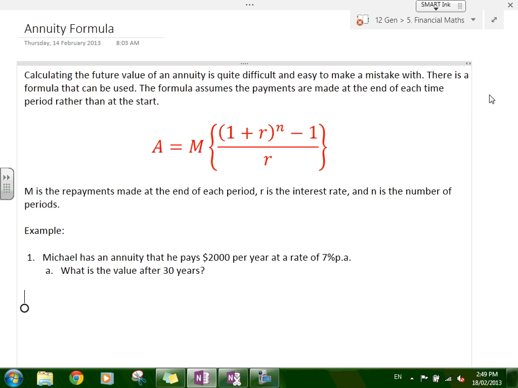This is not a loan repayment or anything, this is an investment. We can use this for loans, but we're going to come to that later. For the moment, all we're interested in is that M is the amount of money you put into your annuity account at the end of each period. At the end of each year, end of each month.